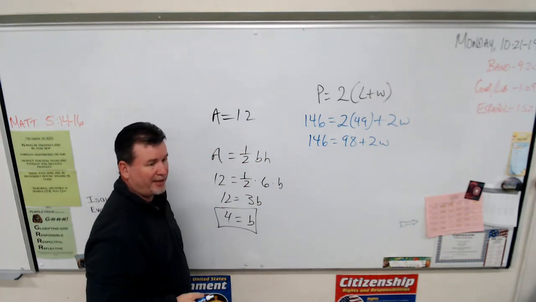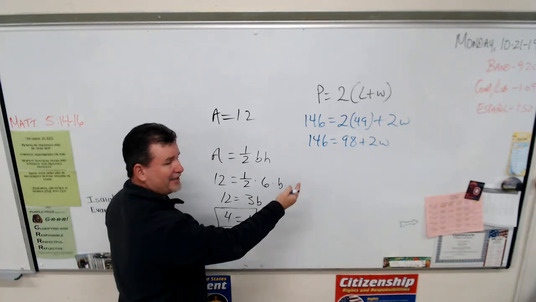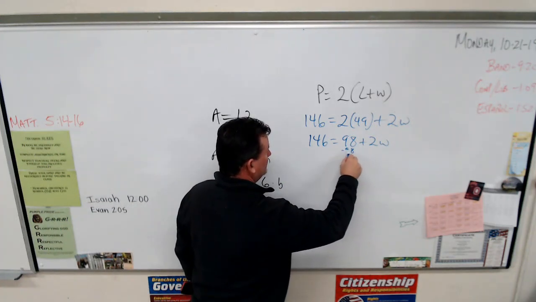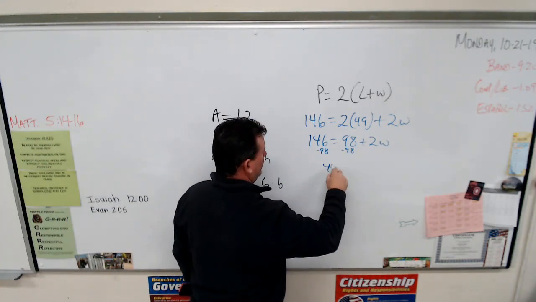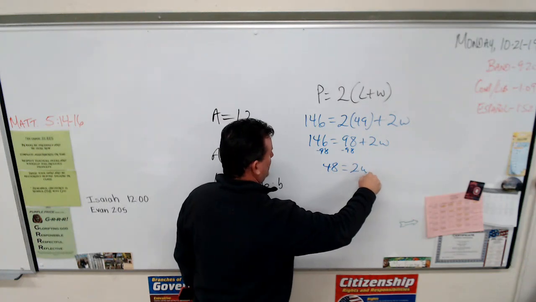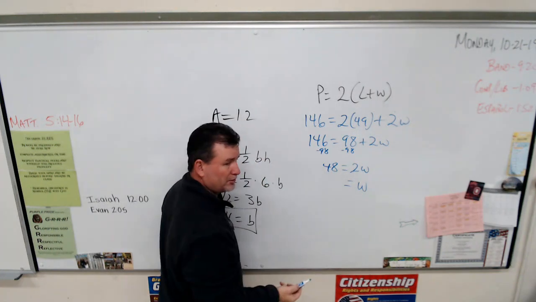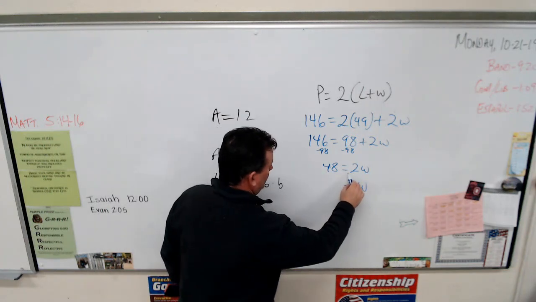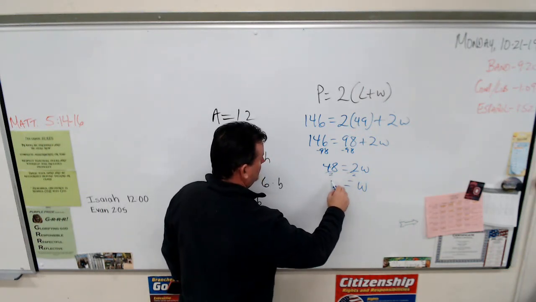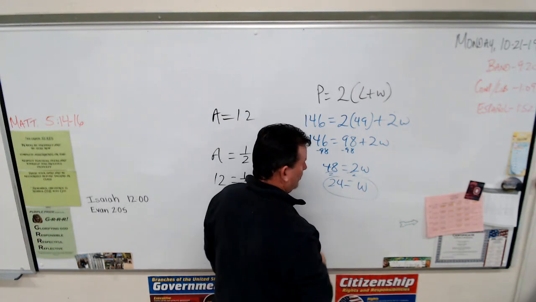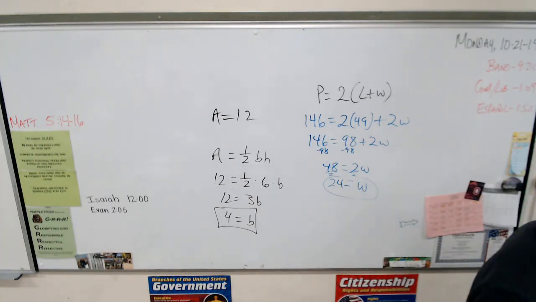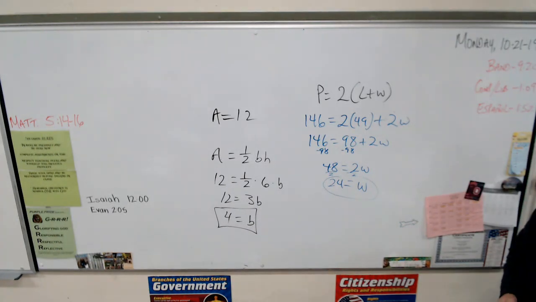How do I get rid of the 98? Subtract 98 from 146. I get 48 equals 2W. What's W equal? If I divide by 2 and divide by 2, 24. That's number 17. Can you do the next one?